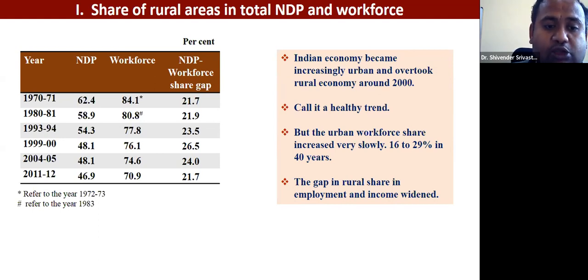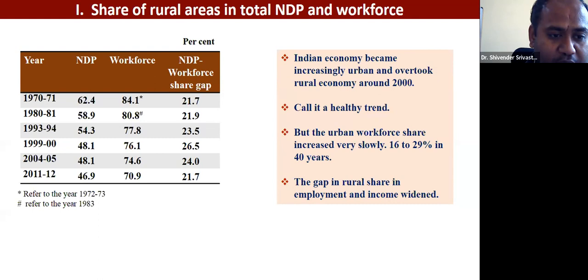So there had to be some migration from low productive regions to high productive regions, and because of that, the share of rural areas in NDP started declining, as well as the share of workforce, but the pace is totally different.